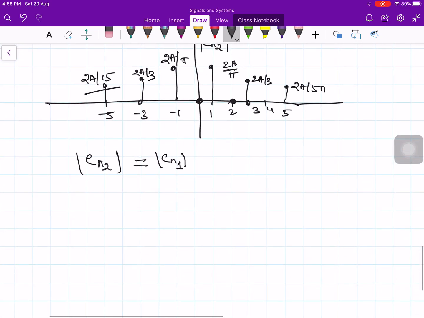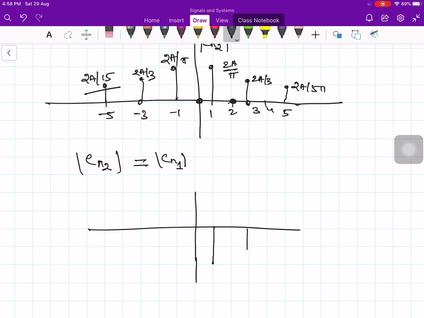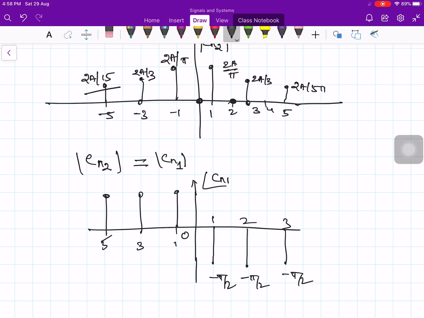So originally my phase, if you plot it, recall from the previous lecture, it is minus pi by 2, again minus pi by 2, minus pi by 2, like this. 0, 1, 2, 3. At 1 it is plus pi by 2, at 3 it is again plus pi by 2, at 5 again plus pi by 2. This is the phase of Cn1.